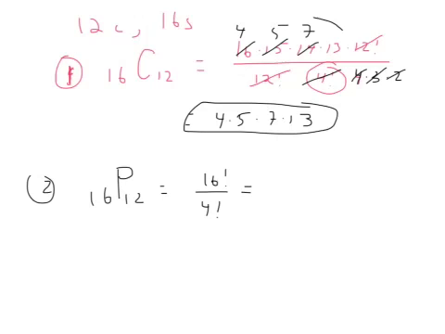But what we need to do is think about a circle. So let's just think about a circle of maybe 5 spots. So imagine this is our circle. And what we need to do here is distinguish whether the seat matters or the order matters.